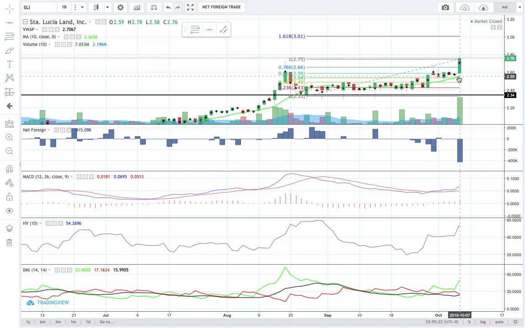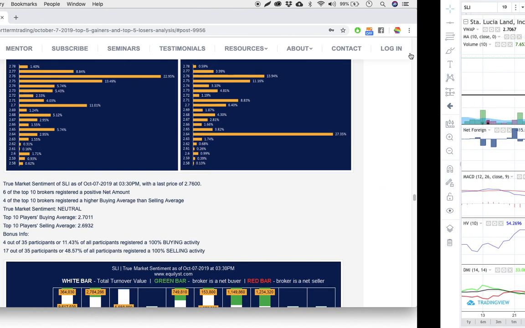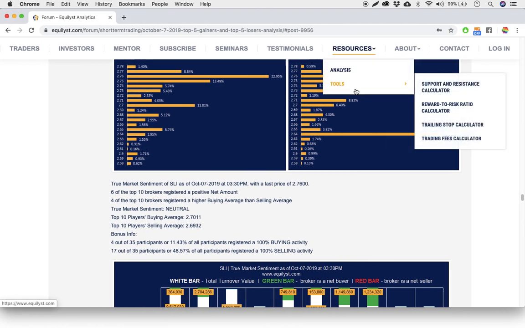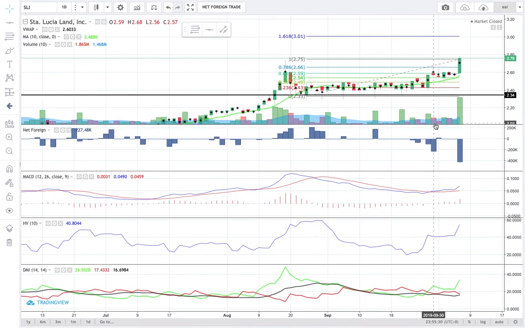Use our reward to risk ratio calculator right here, resources, tools, reward to risk ratio calculator, and see if you're going to get a satisfactory reward to risk ratio for yourself. If you got one, then you can position or do a test buy within the dominant range as well. Never go all in, please.